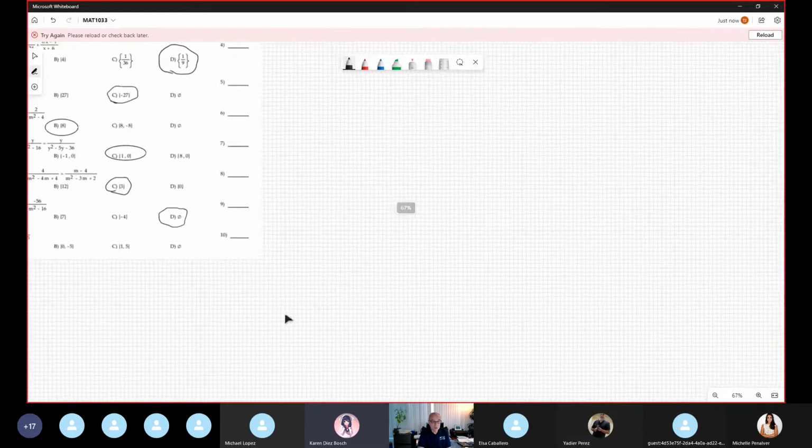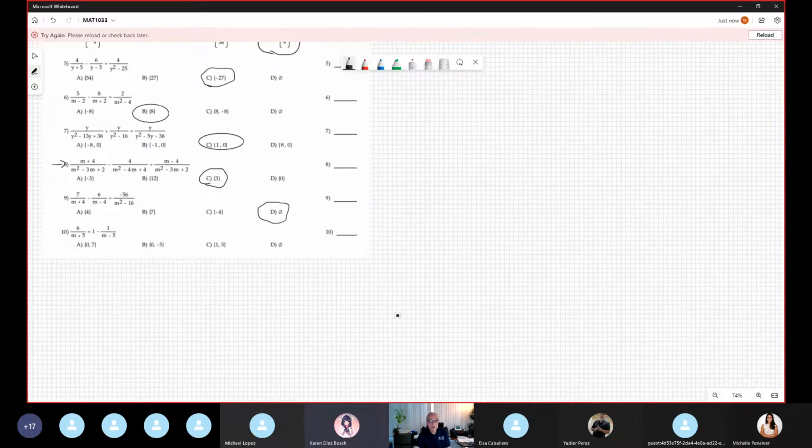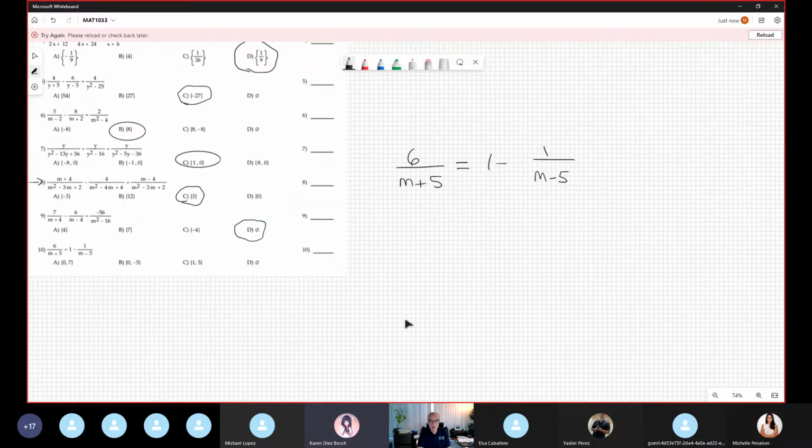Okay, let's move on to the last equation, which is 6 over m plus 5 equal to 1 minus 1 over m minus 5. Well, in this case, factorization is not necessary because the expressions involved, m plus 5 and m minus 5, are prime.